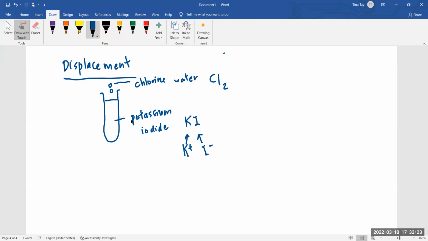All group 1 salts, what is the color? Colorless. Yes, all group 1 salts are colorless. So potassium iodide, this is iodide, not iodine, is a colorless solution. So I look at this solution. It is colorless. Okay, I add chlorine to it.